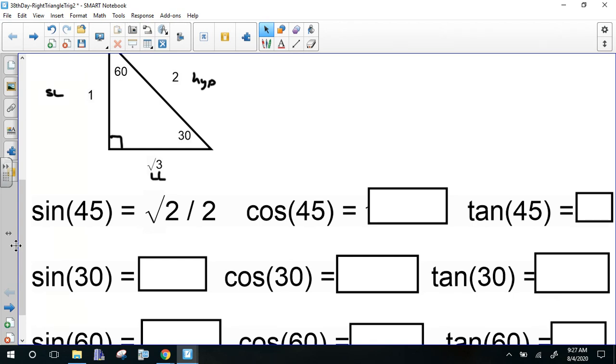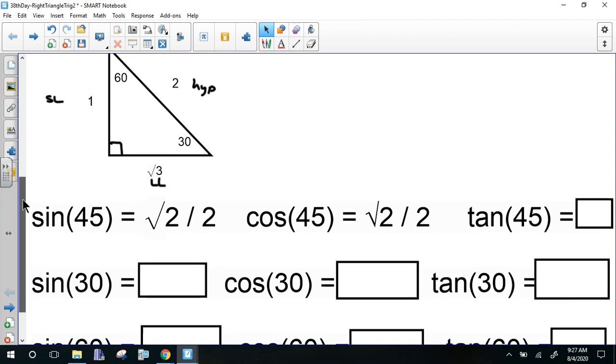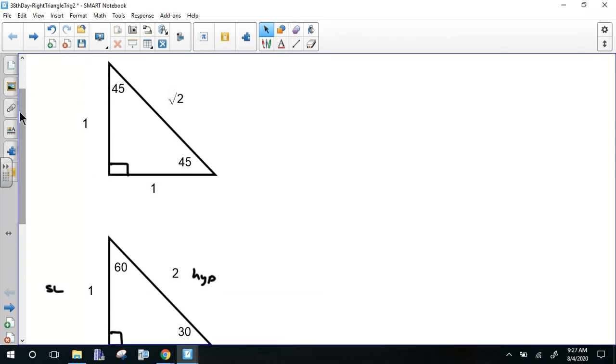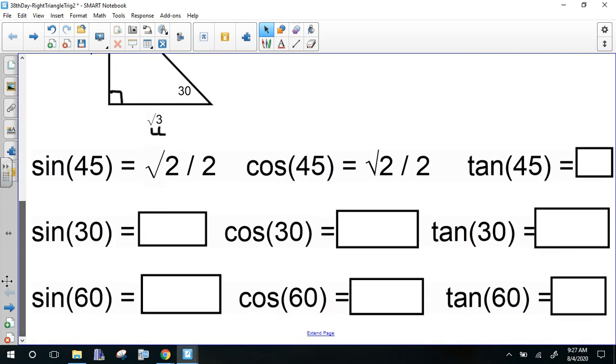Cosine's adjacent over hypotenuse, that's also 1 over square root of 2, or square root of 2 over 2. Tangent of 45 is opposite over adjacent. So we have opposite divided by adjacent. 1 divided by 1 is 1. So tangent of 45 should be 1.